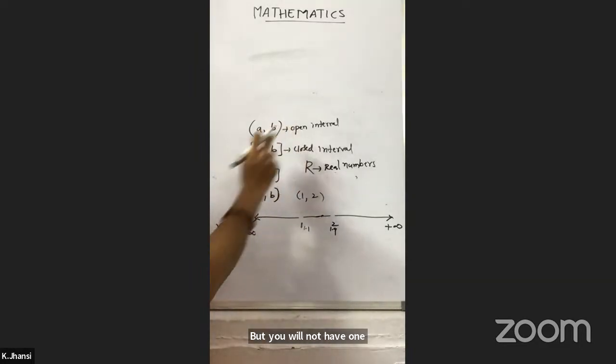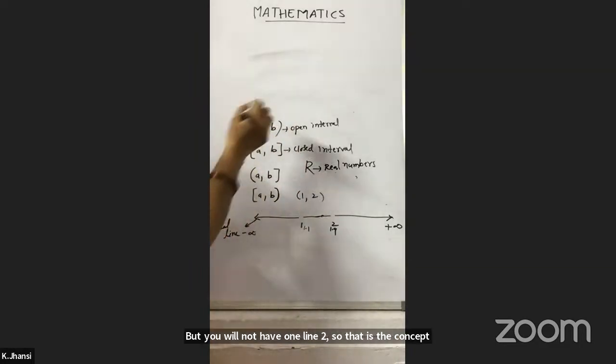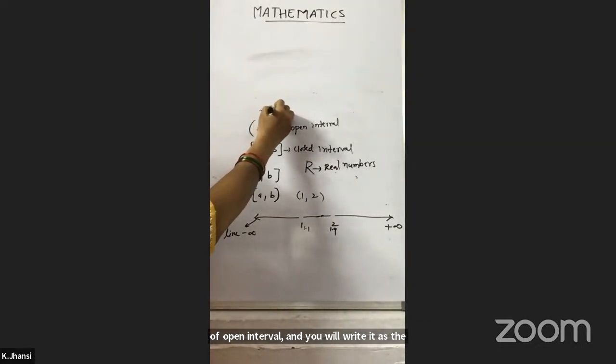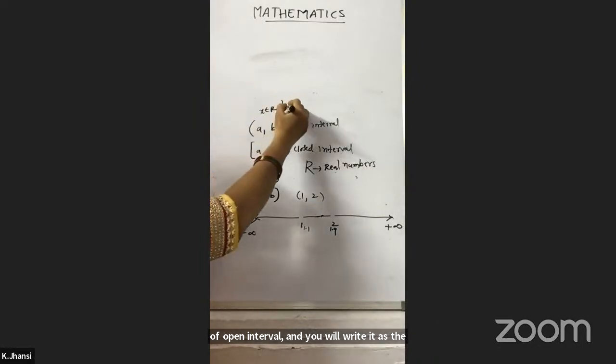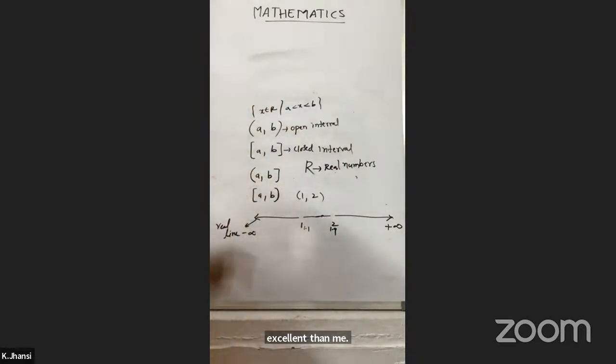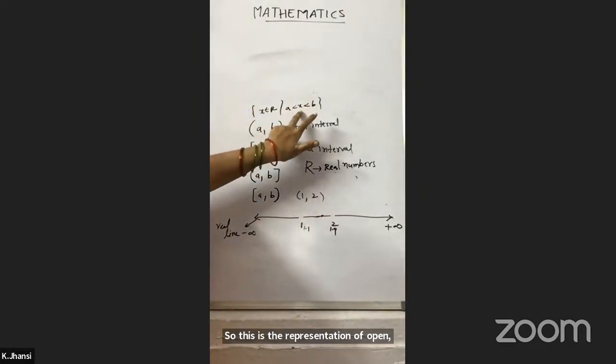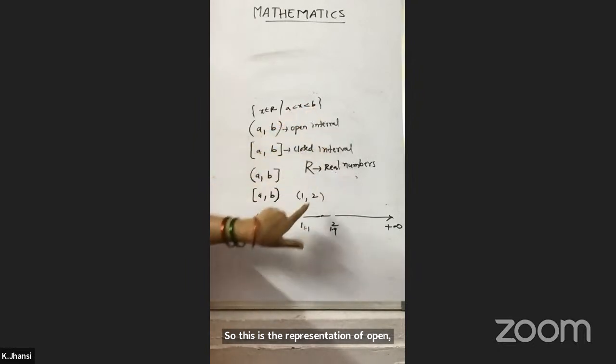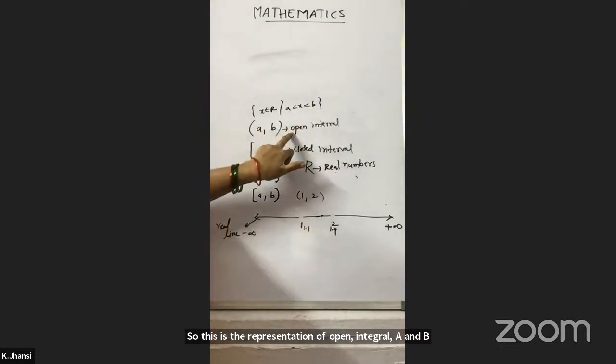So that is the concept of open interval, and the definition is: x belongs to R such that a is less than x less than b. This is the representation of open interval. And A and B will not be there in the interval. So that type of interval is called an open interval.